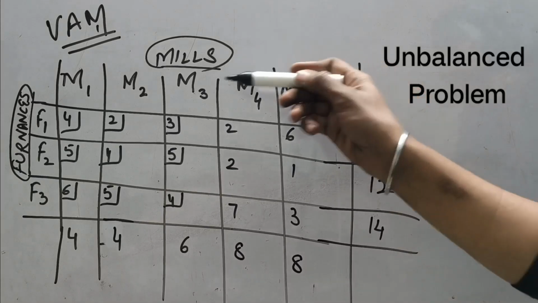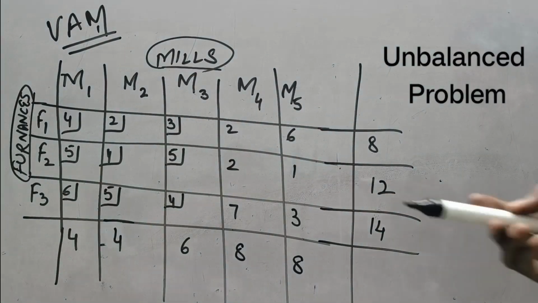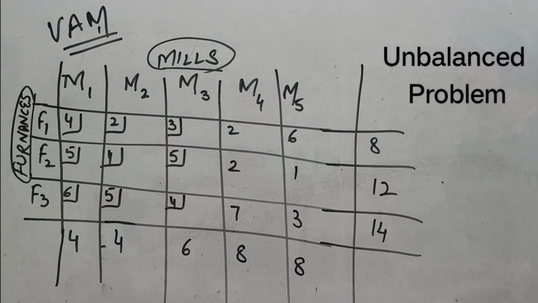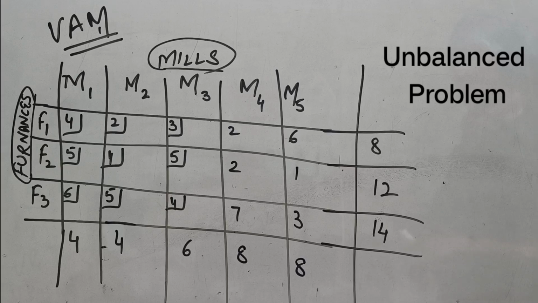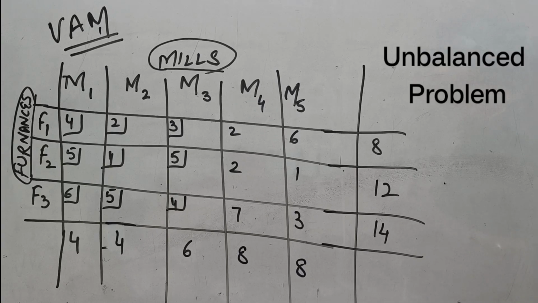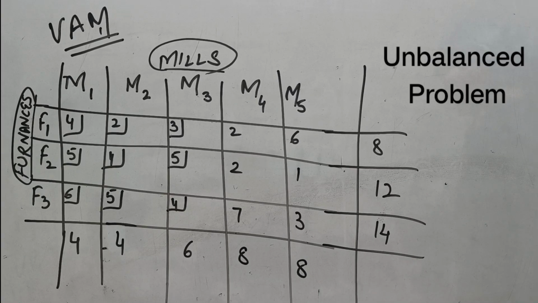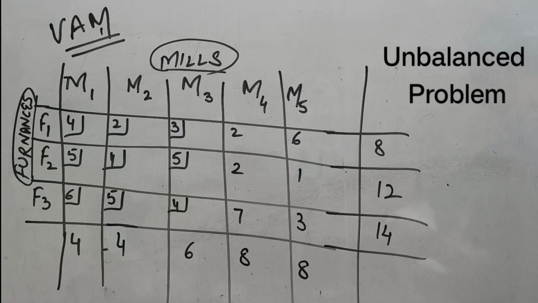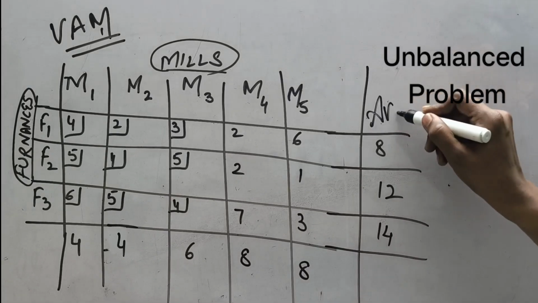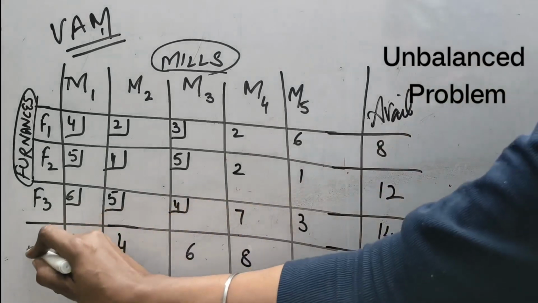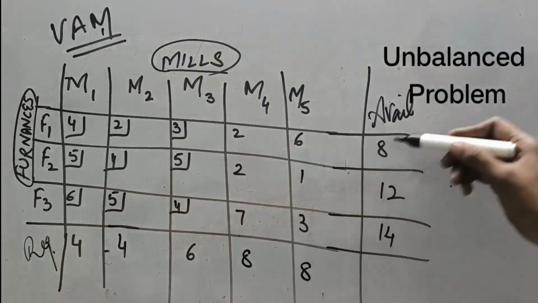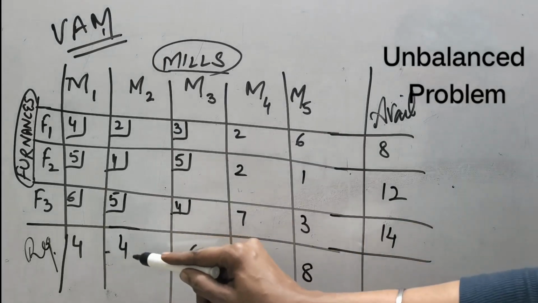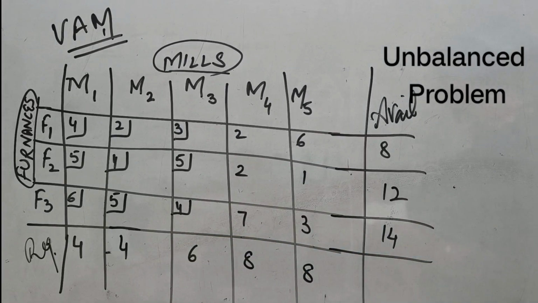Now see, there are 5 mills and 3 furnaces given to you, and transportation has to be done to the mills. So first of all, before starting the question, as I have told you in the earlier videos, you have to check whether the requirement and availability are the same or not. This is the availability and these are the requirements. 8, 12 and 14 have been given here and 4, 4, 6, 8, 8 have been given here.